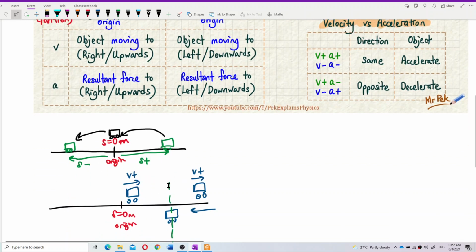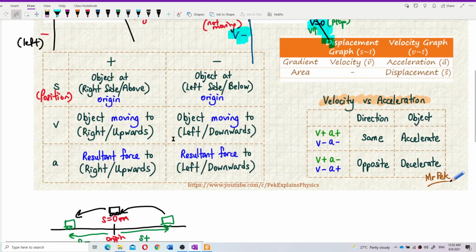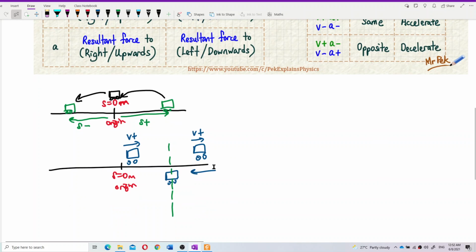Like this one, if the object is moving to the right, it is positive velocity. But if the object is moving to the left or downward, like this one, it is negative velocity. You understand? Positive velocity and negative velocity. So velocity is more to the direction of the motion.